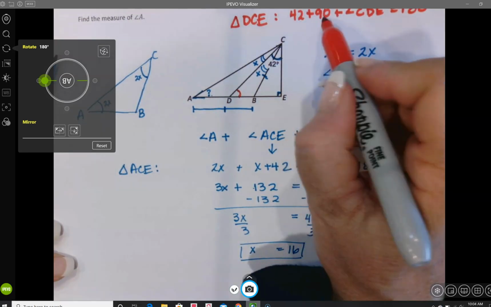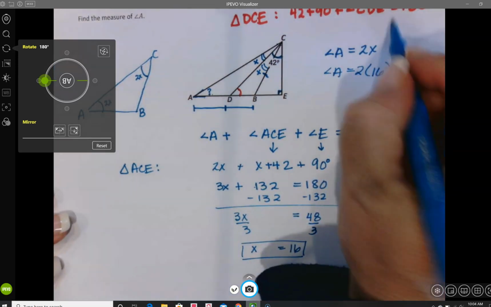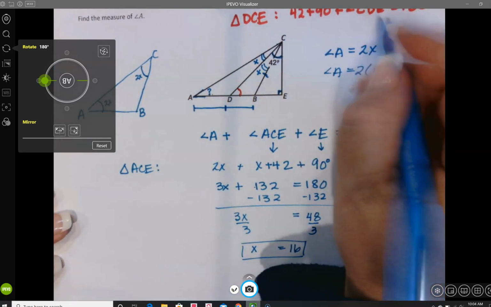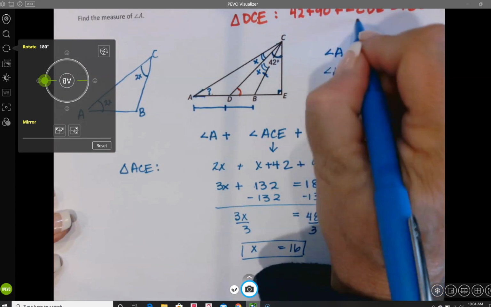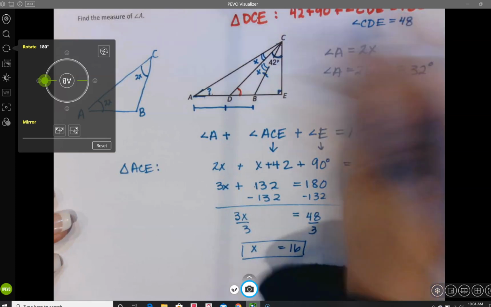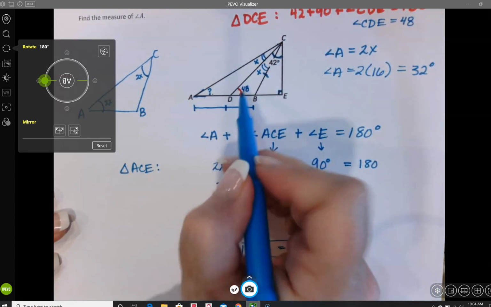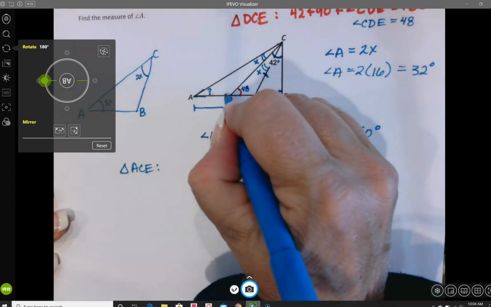Then I subtract my 42 and my 90 from 180. 42 plus 90 is 132, and that gives me 180 minus 132. I get angle CDE is 48.